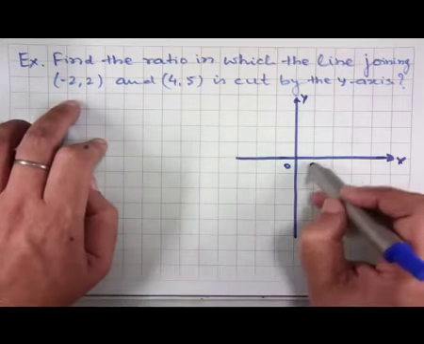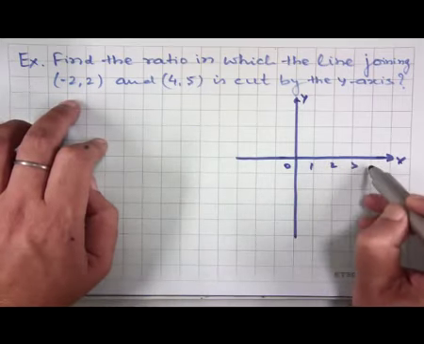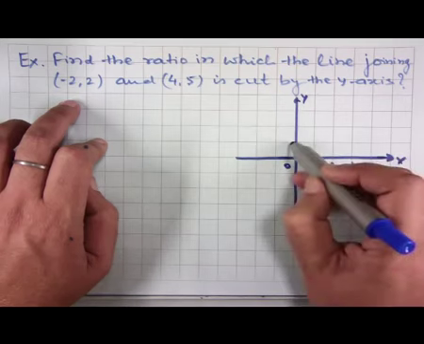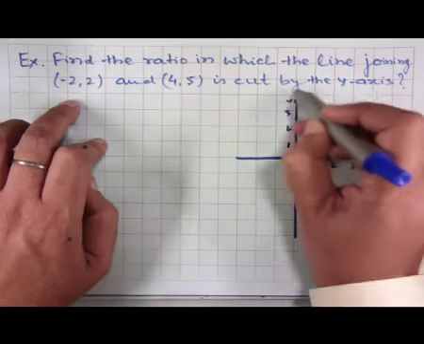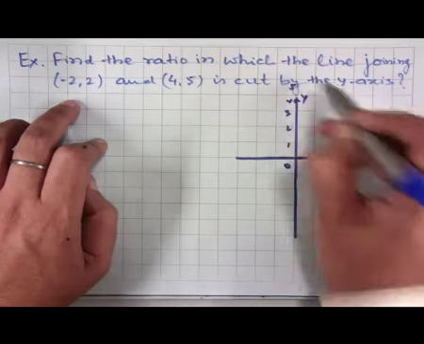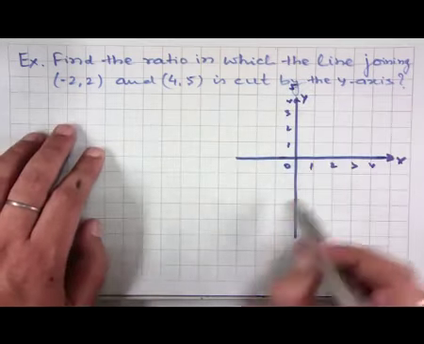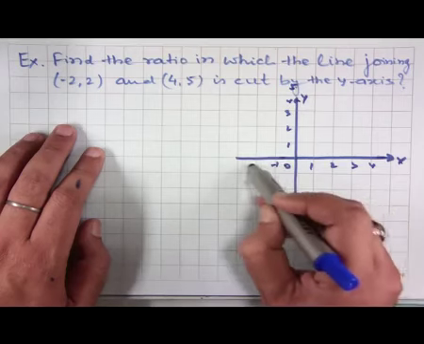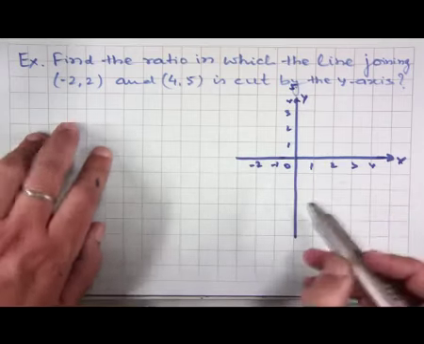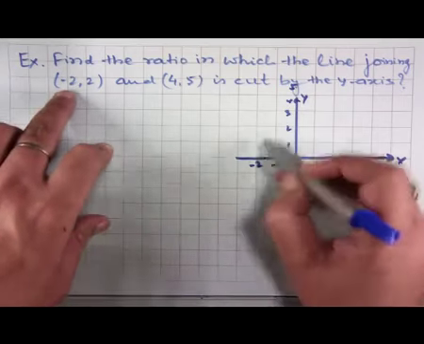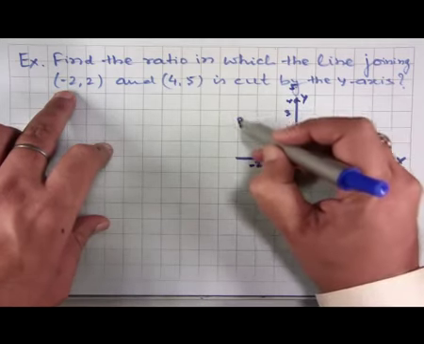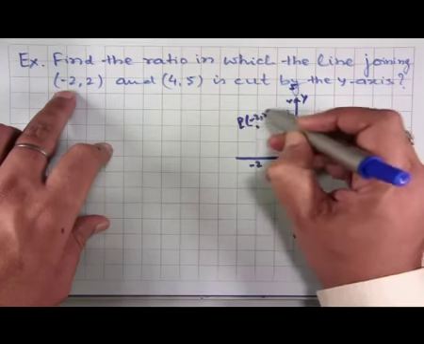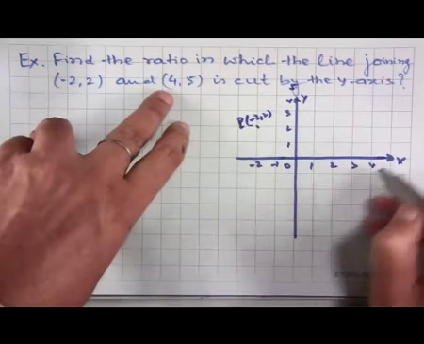This is (-2, 2). This point is P(-2, 2) and (4, 5).